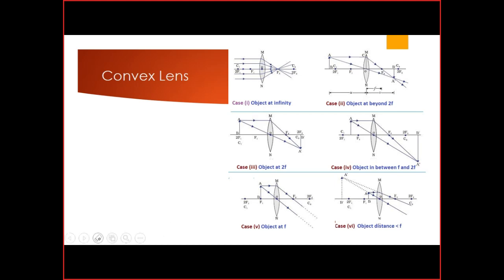At this point, when you have your object located at 2F, you have our convex lens over here, focal point, 2F, focal point, 2F.